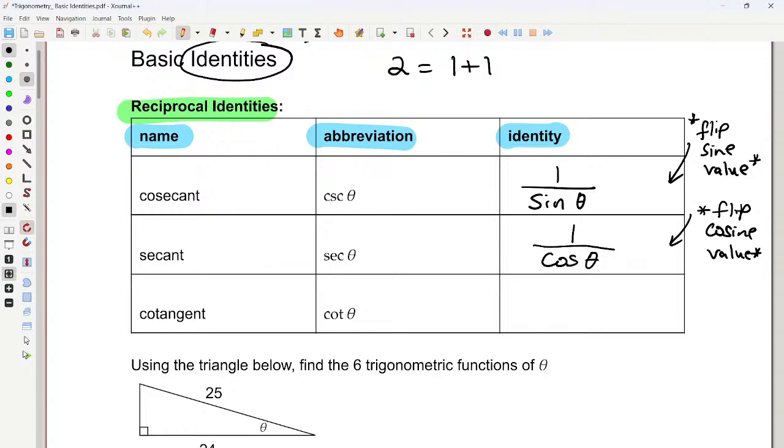And lastly, cotangent abbreviated COT. I know this is strange to believe, but it's actually 1 over tangent. That's it.